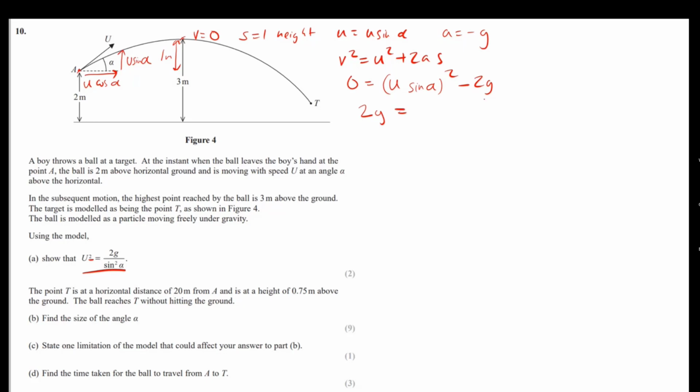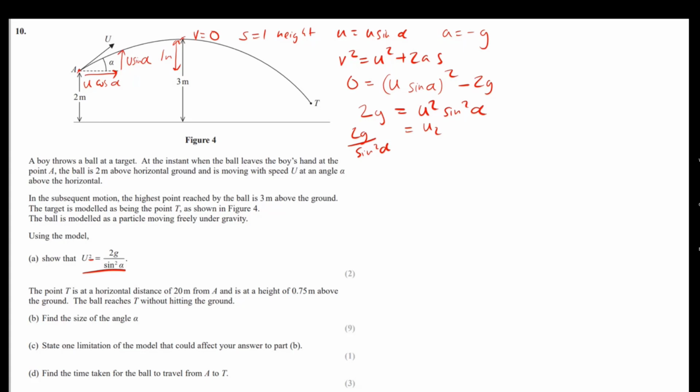Well, actually, yeah, 2g, just jump a step because that was done. You could rewrite that as u squared sine squared alpha. So that's clear. And then you can see u squared equals 2g over sine squared alpha.